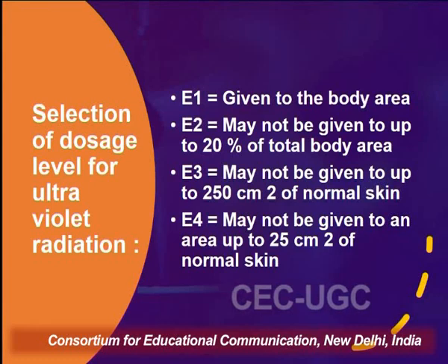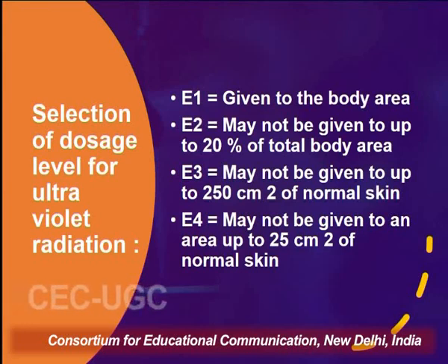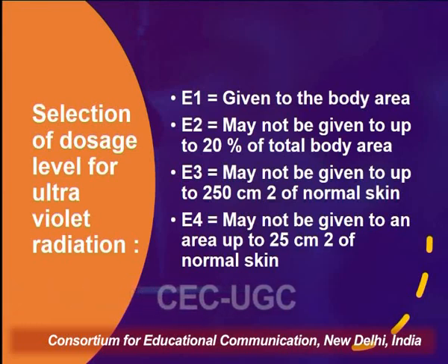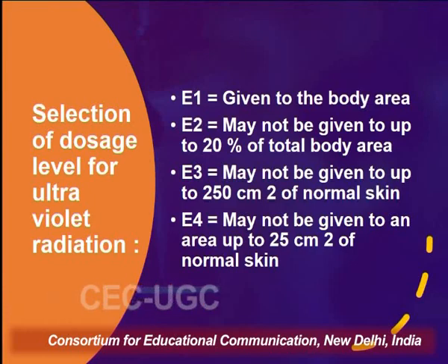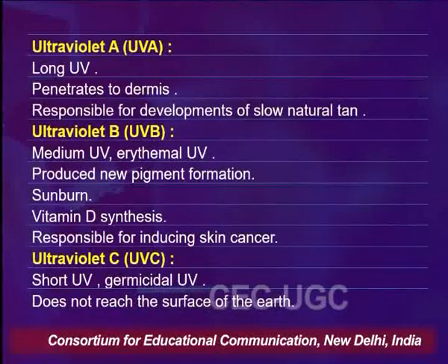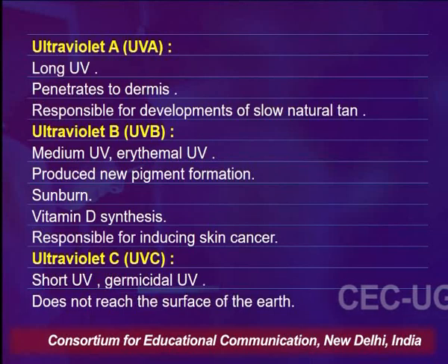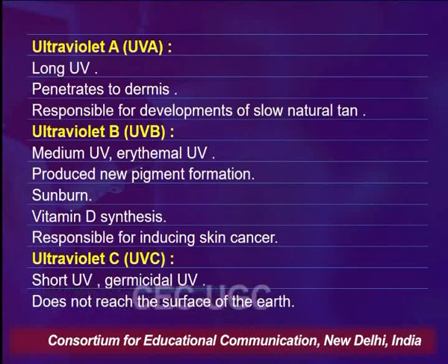E3 may not be given to more than 250 square centimeters of normal skin, and E4 may not be given to an area up to 25 square centimeters of normal skin.